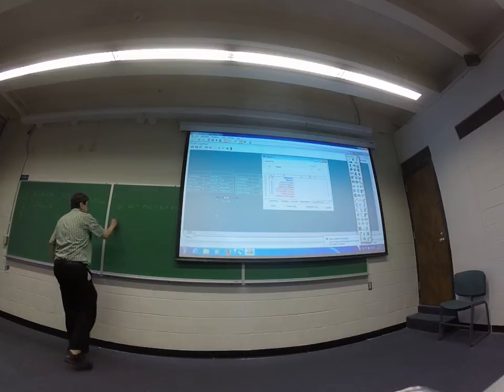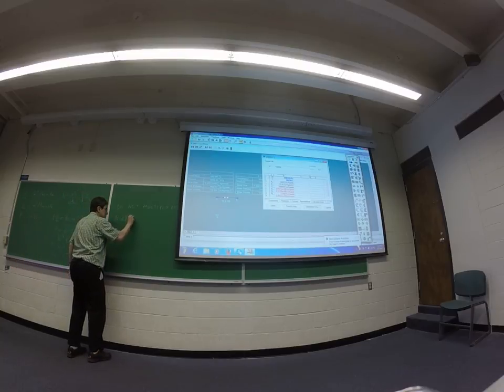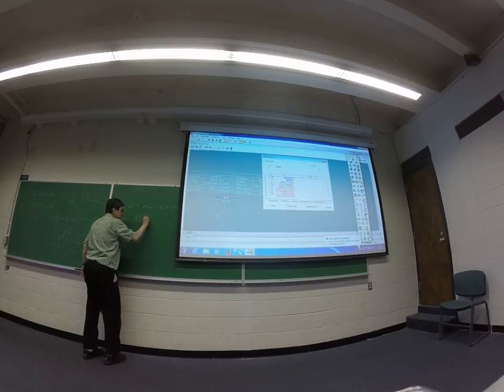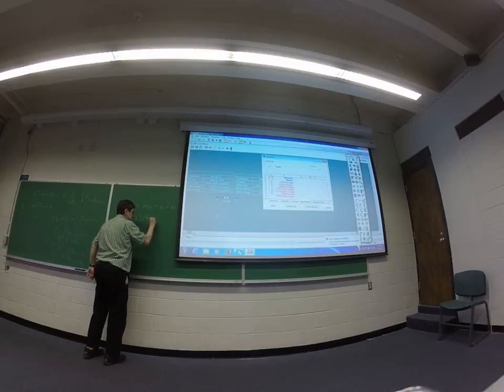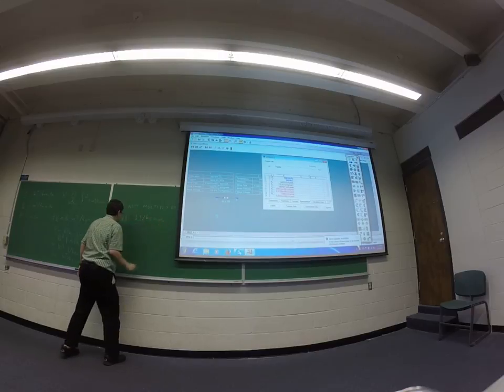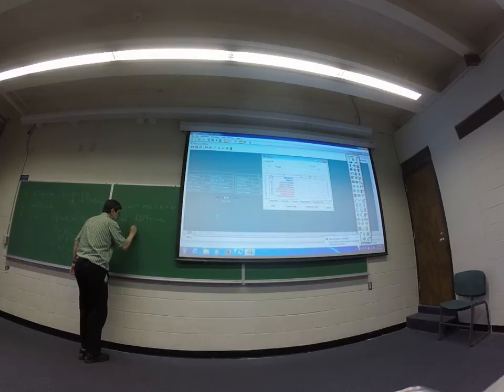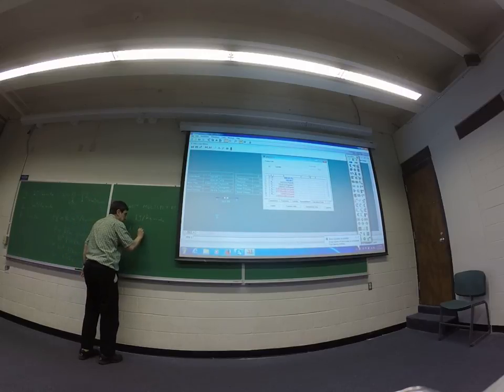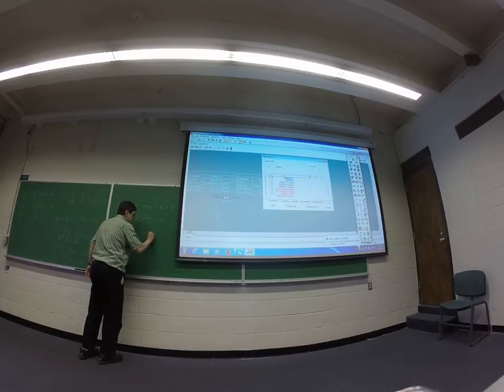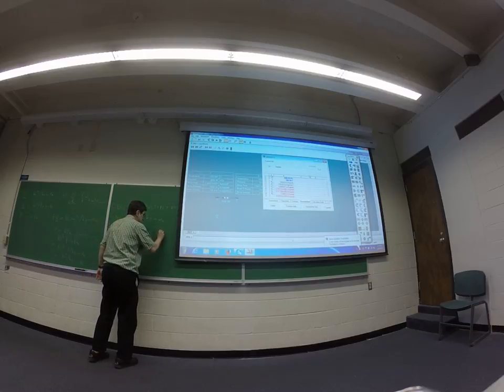P in pascals times V in cubic meters per kilogram mole gives joules per kilogram mole.